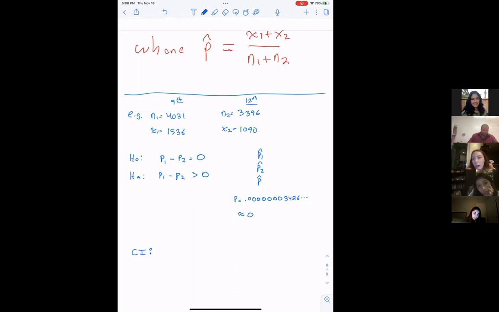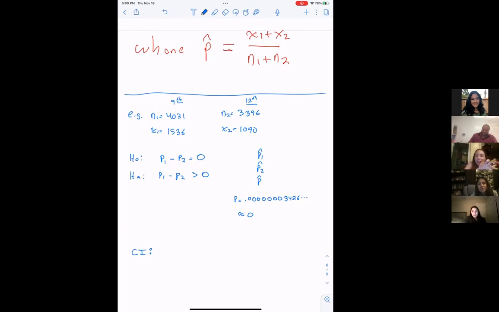When you do the 2 sample interval... Sorry, what's it called again, please? You would do a 2 sample interval.